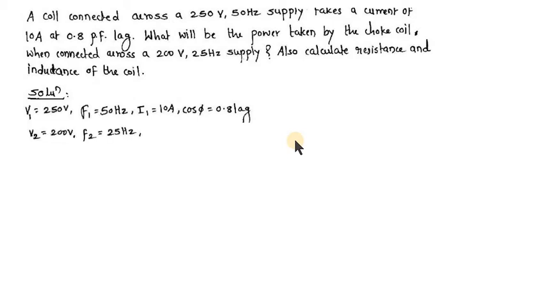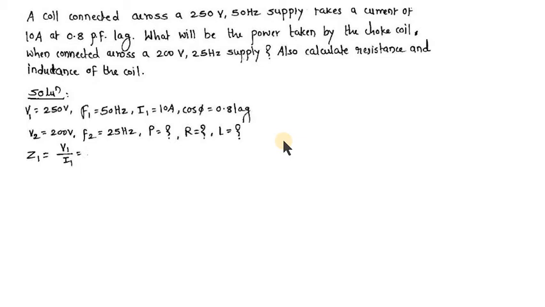V2 is equal to 200 volt and frequency is 25 Hz. We are supposed to find out the power taken in the second case, the value of resistance, and the value of inductance of the coil. So see, we shall begin solving this numerical.